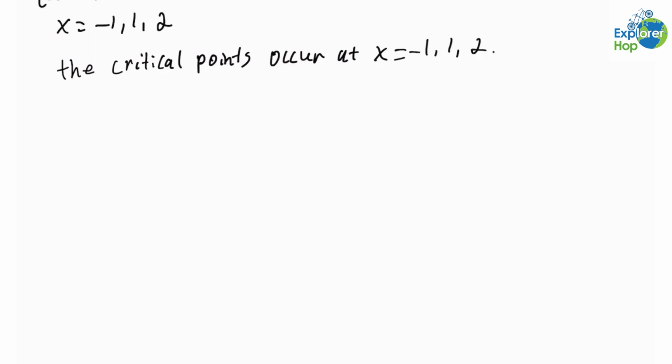Now we need to check the critical points. Notice that x equals negative 1 and x equals 2 are endpoints as well. So all we need to do is evaluate f of x at x equals 1. So I'm just going to rewrite the value of the function at x equals negative 1 and x equals 2.